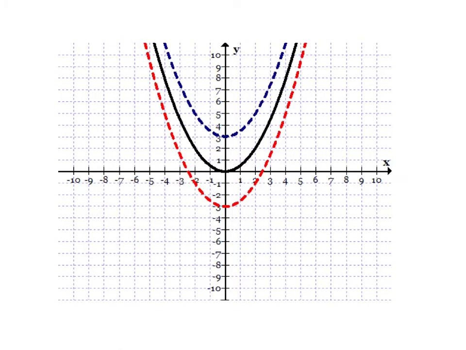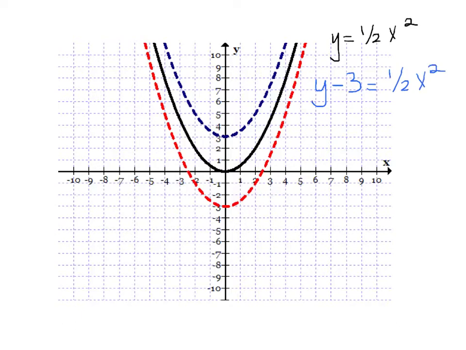Here we're also moving these vertically. So we'll again start with y is equal to 1/2 x squared. To move up vertically, we just went y minus 3 is equal to 1/2 x squared.